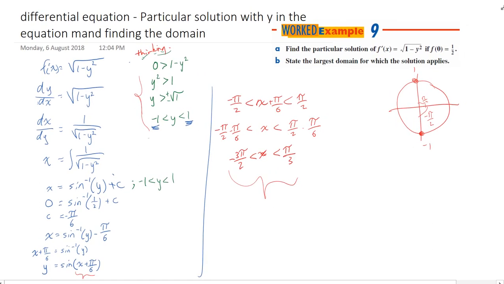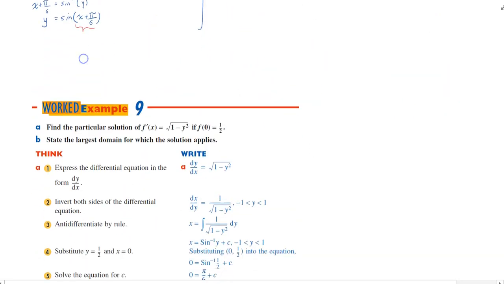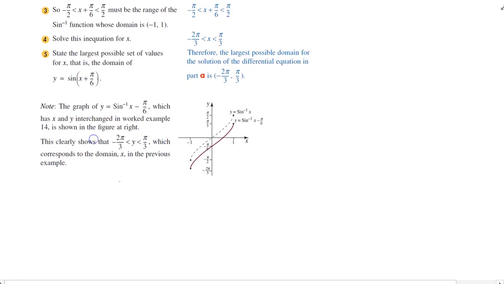Now, they have provided you with a little sketch here. This is the equation of y equals the inverse sine of x minus pi on 6, I believe. But theirs is this one flipped on its side.